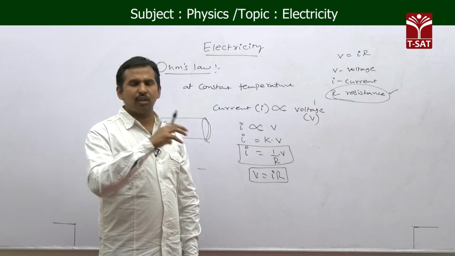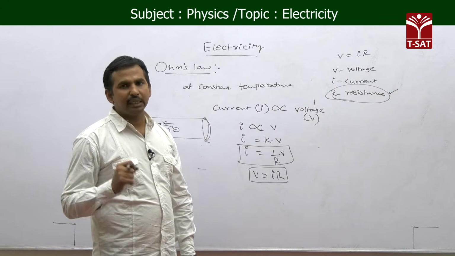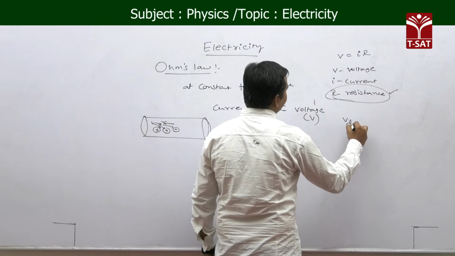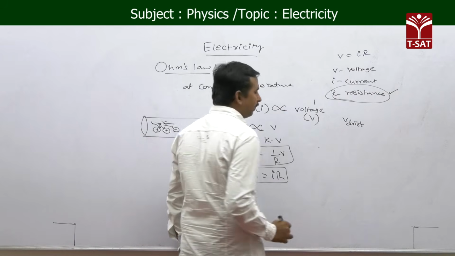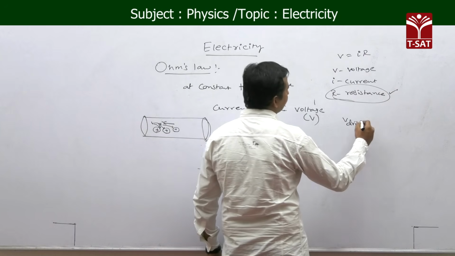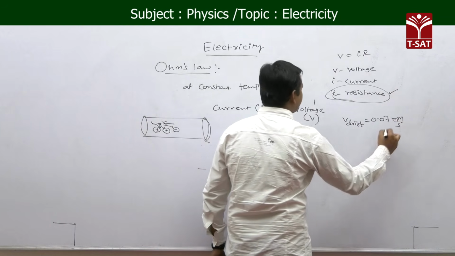Actually, the velocity with which those electrons are moving in one particular direction, that velocity only we call drift velocity. If you take the drift velocity, it is about 0.07 millimeter per second.